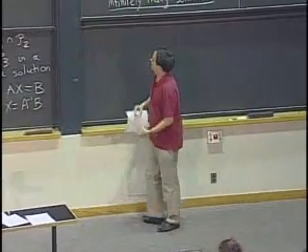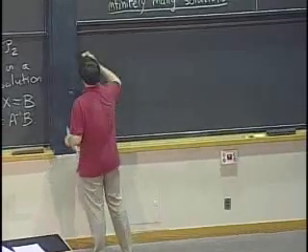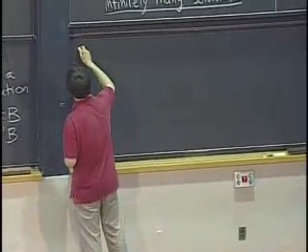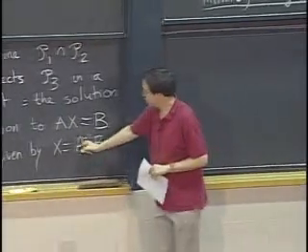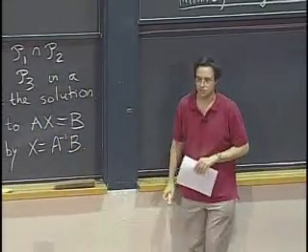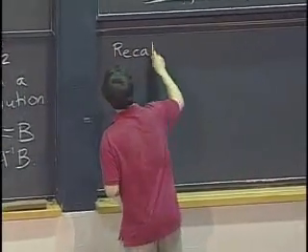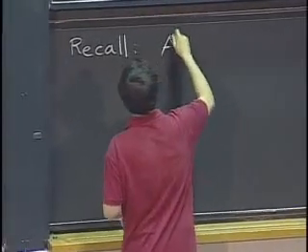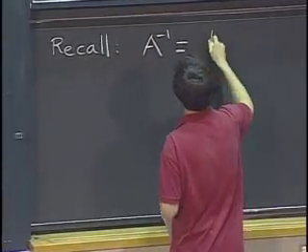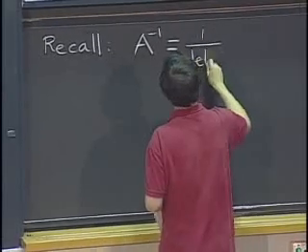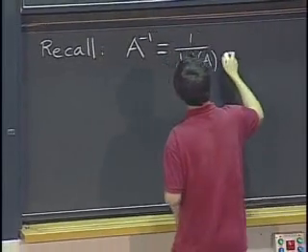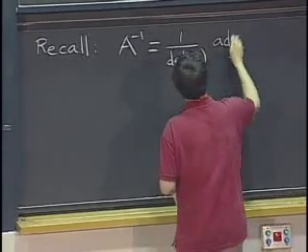Well, the point is you cannot always invert a matrix. Recall we've seen this formula that A inverse is 1 over the determinant of A times the adjoint matrix.